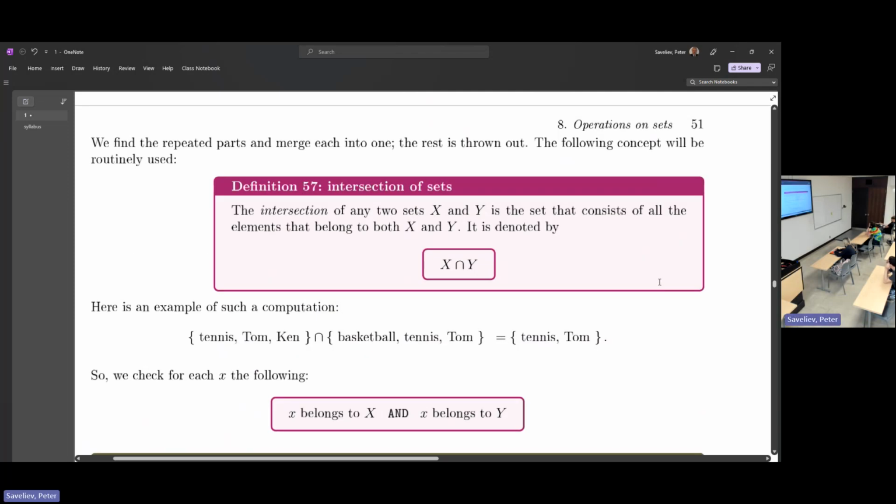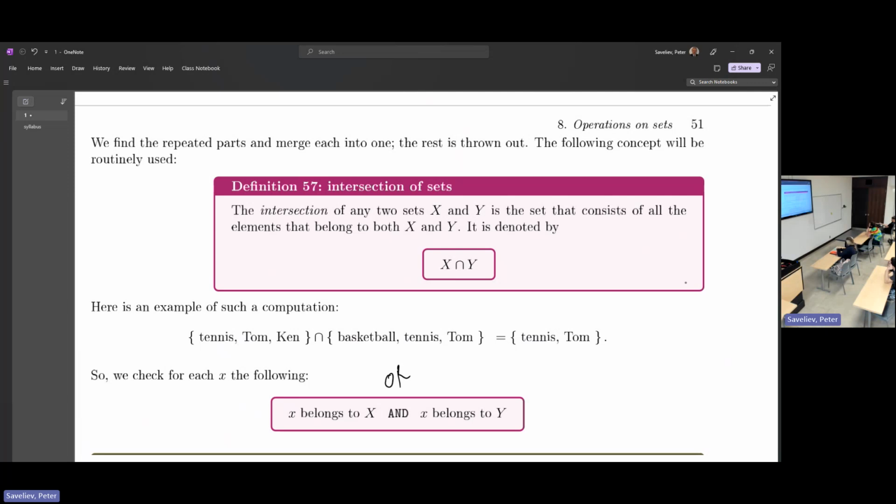Once again, the logic is the word and instead of or. Remember, a minute ago it was or, and now we have and. So that's the match between the language of logic on the one hand and the language of sets on the other hand. In logic, you have and, or.